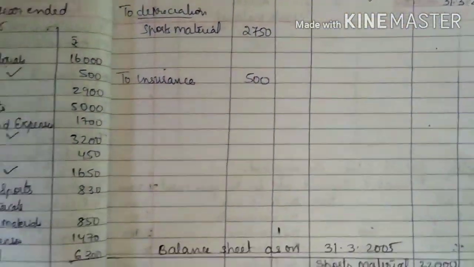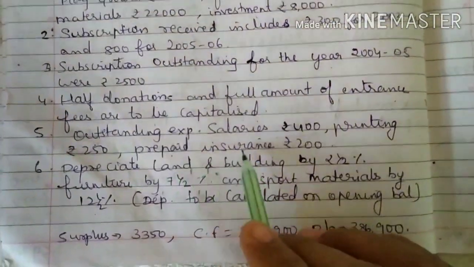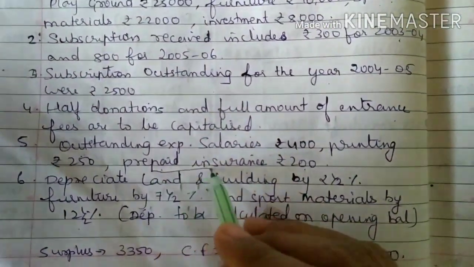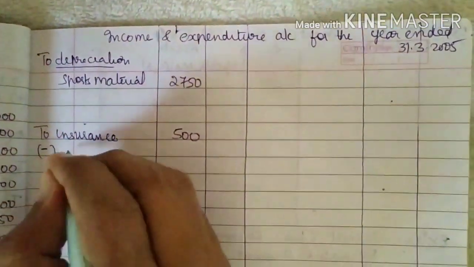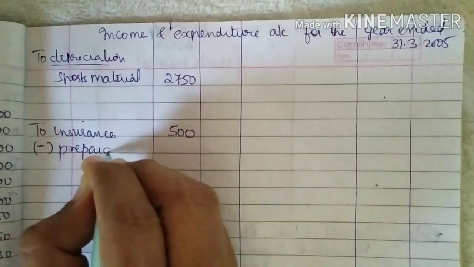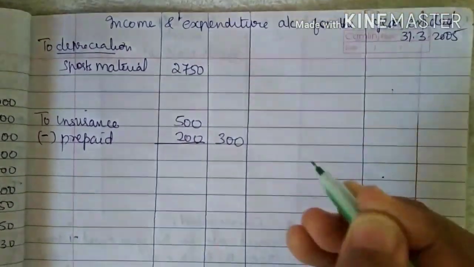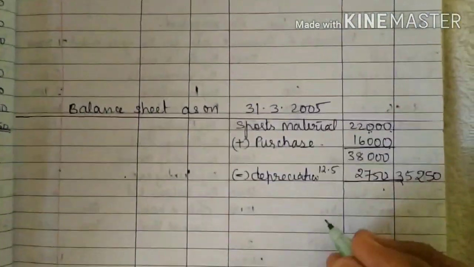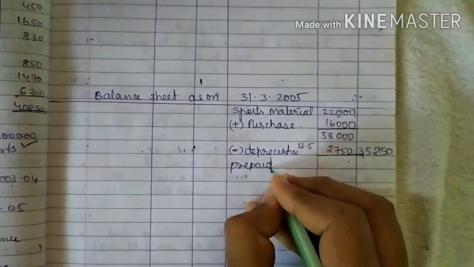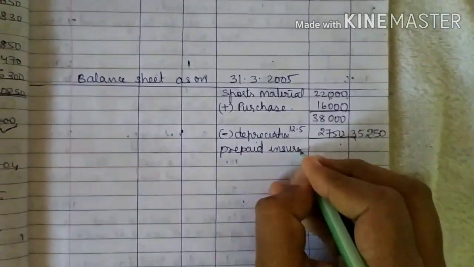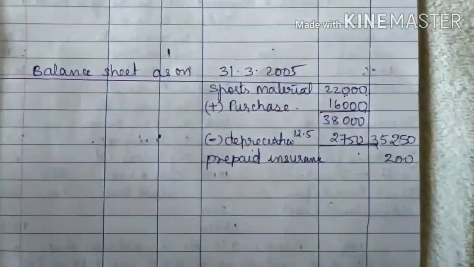On top of that, see what adjustment was given on insurance: prepaid insurance 200. Insurance is prepaid, so we subtract the prepaid 200: 500 minus 200 will give you 300. The second effect we will write on the asset side of the balance sheet: prepaid insurance, which is 200.